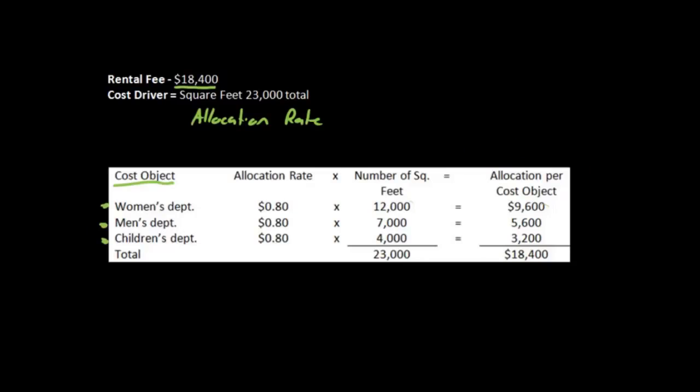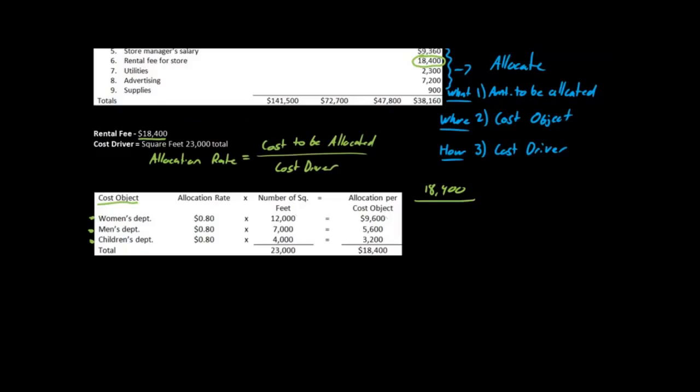So the first thing we are going to do is figure out the allocation rate. The allocation rate is just going to be the cost to be allocated divided by the cost driver. Now the cost driver is also often called the base.